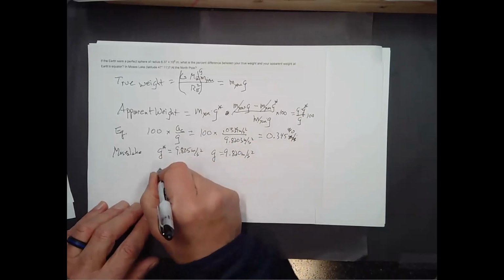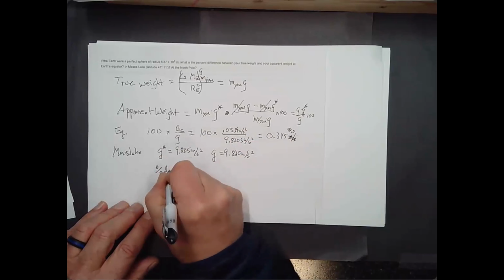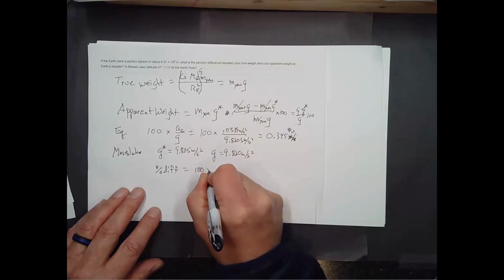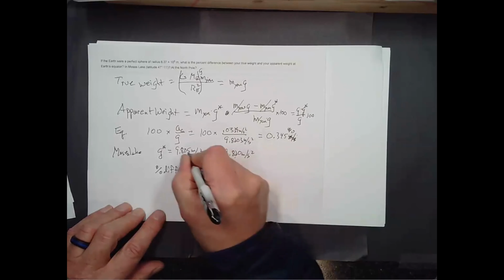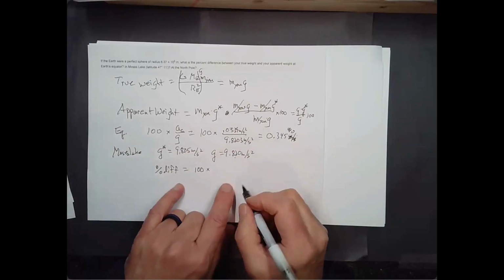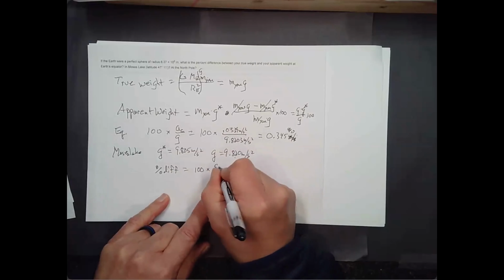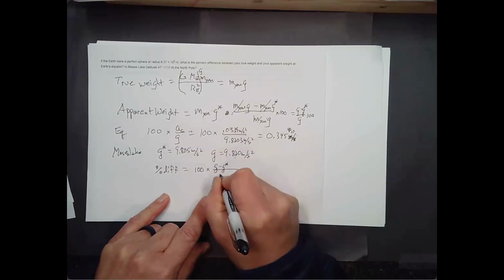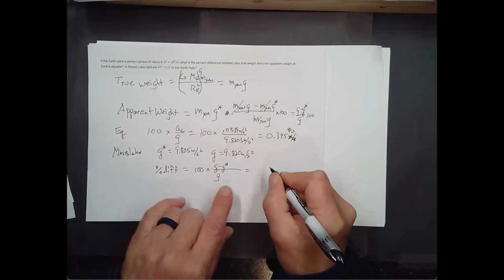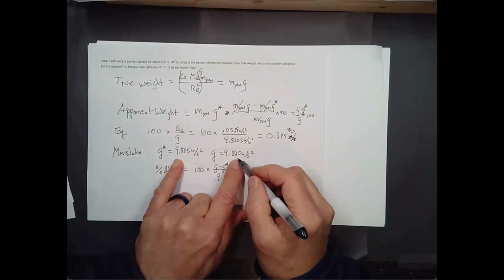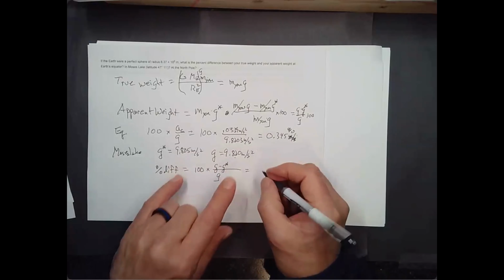And the percent difference, diff, is going to be 100 times g minus g star divided by g. And g minus g star you can do in your head. It's 0.015 meters per second squared.